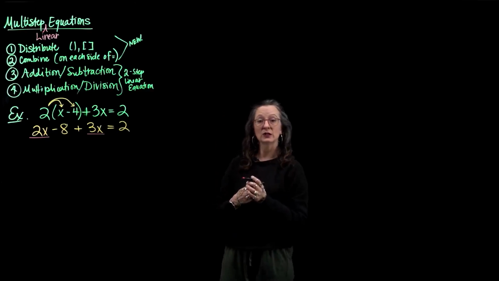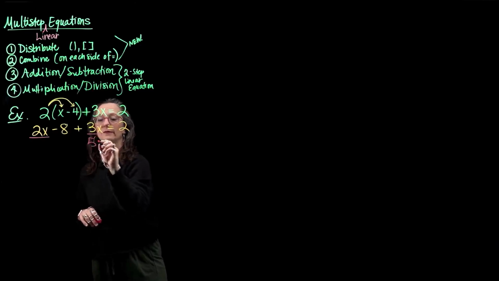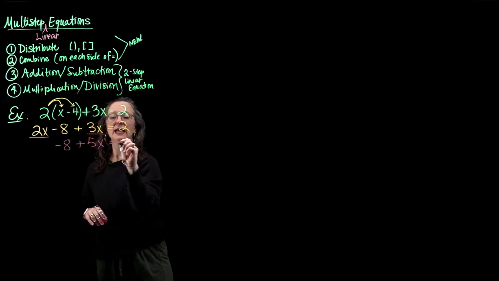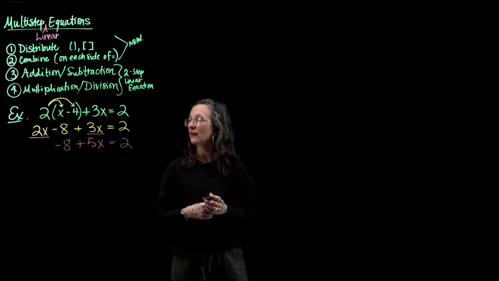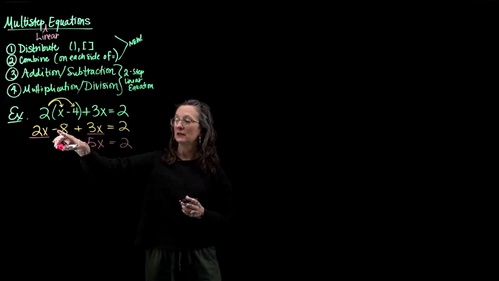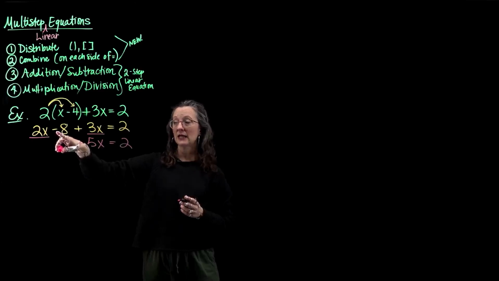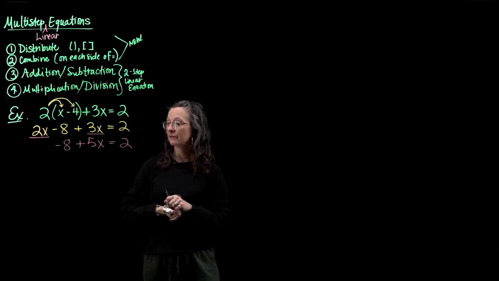So I'm going to combine those together and write them as 5x. Now we don't want to forget that minus 8 on the front, so I'd have minus 8 plus 5x is equal to 2. Notice that the sign on the 8 stays with it. So where it's minus 8 in the first line, it's negative 8 when we rewrite it.